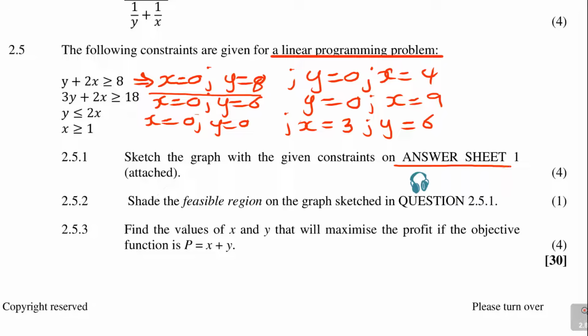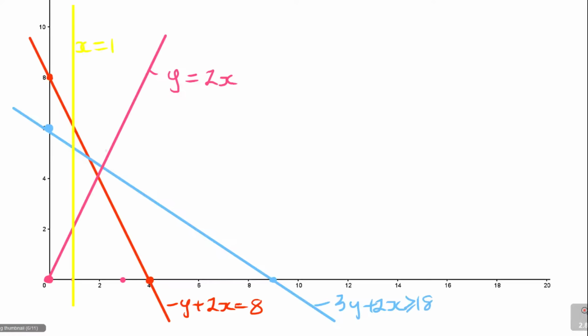They give you 4 marks. You need to know how to sketch graphs, and then they say shade the feasible region on the graph you sketched. You need to shade. Look at it. The first 2 graphs, y plus 2x and 3y plus 2x, are greater. When they say greater, I wanted this region. So I wanted this region, right?